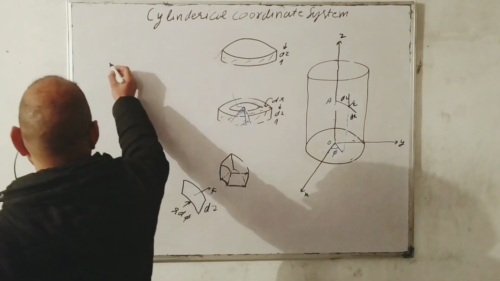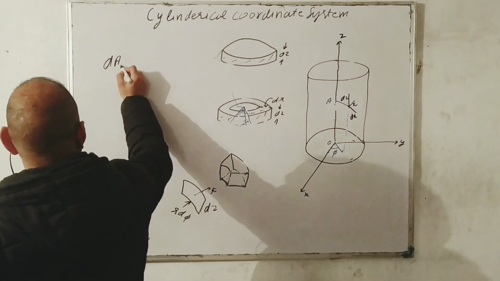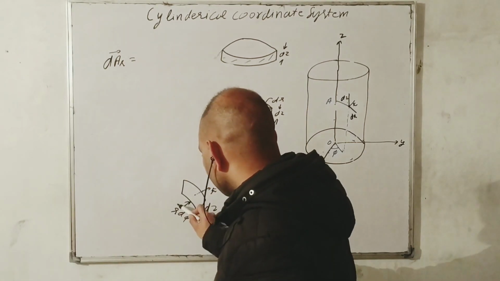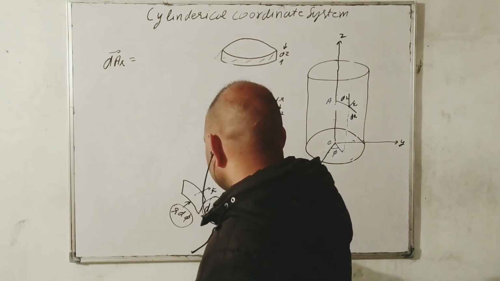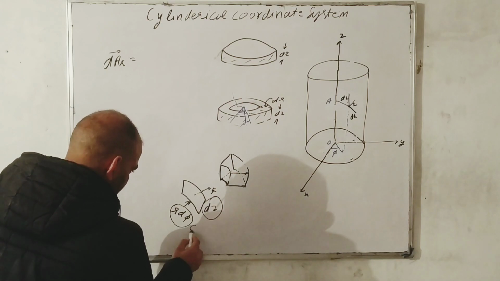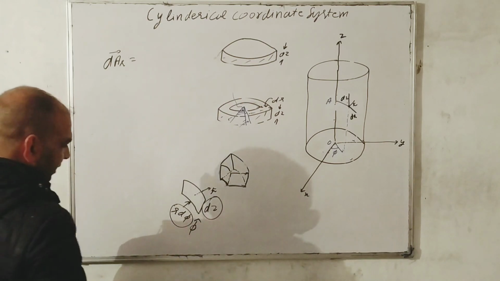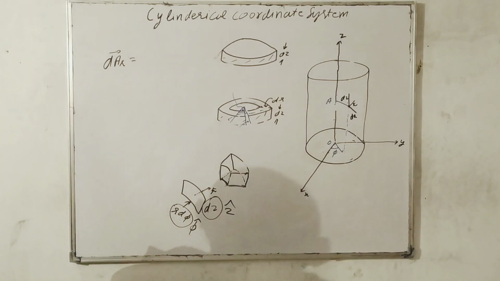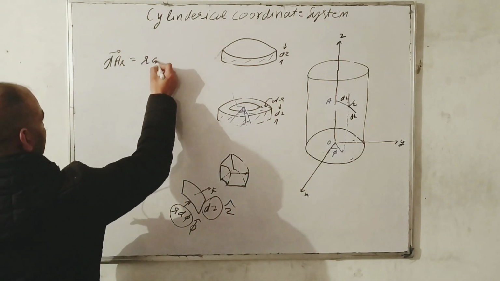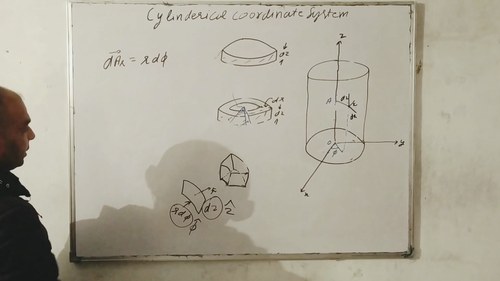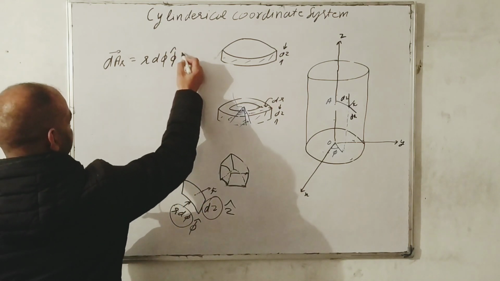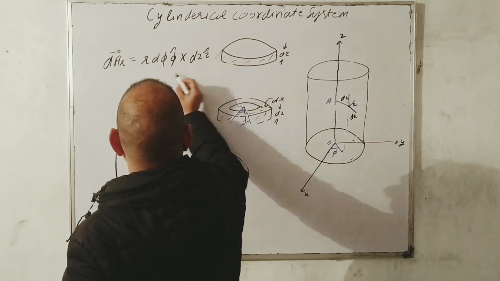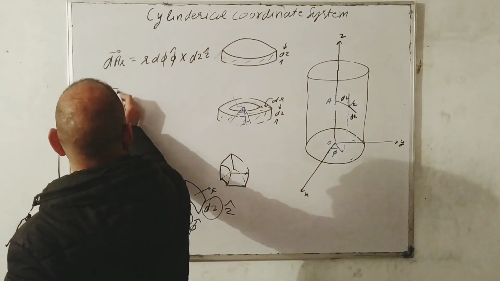So I am writing dA r, the area element along the r direction. It will be the multiplication of length into breadth. If I write it in vector form, it will be r d phi phi cap cross dz z cap.